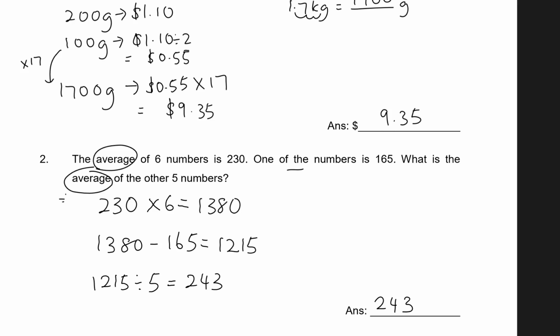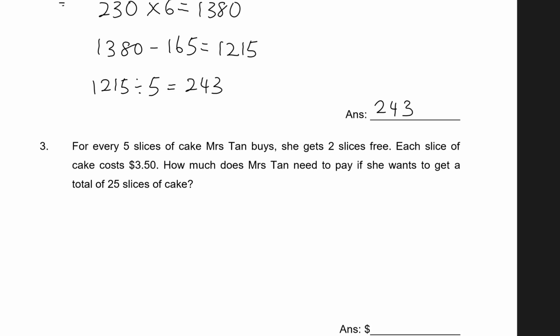Okay. Alright, question number 3. See, if you remember what we have done in the last lesson on YouTube, we heard that with this word every, it reminds us of this topic called set. So every set consists of 5 slices and 2 slices free, right?